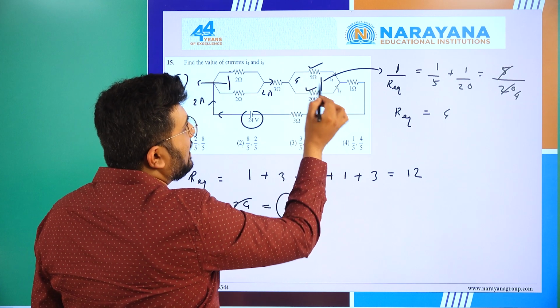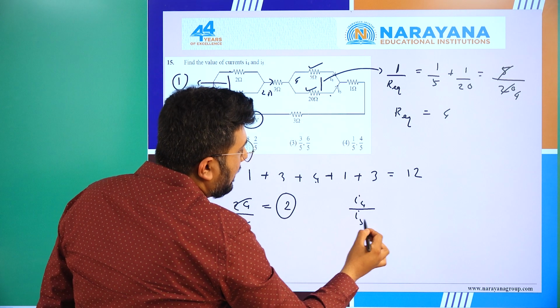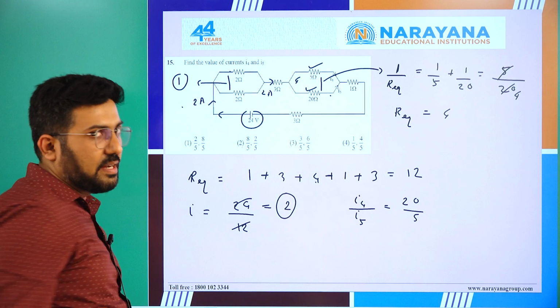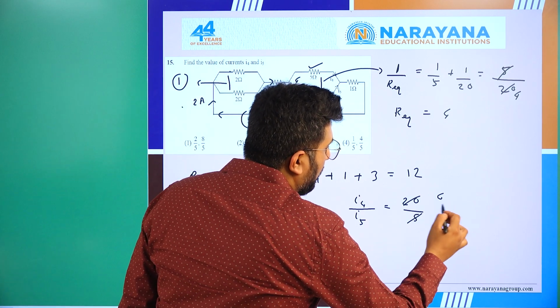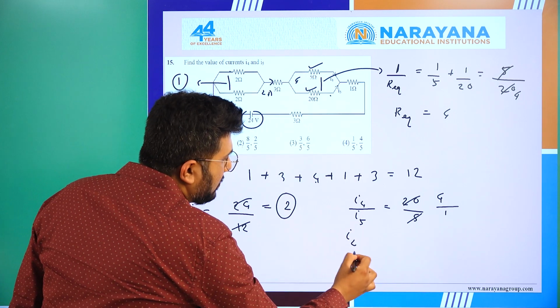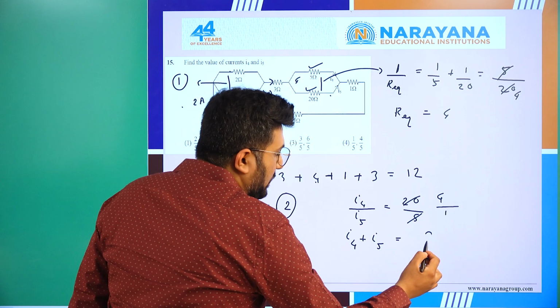Let's call this I4, let's call this I5. So I'll say I4 by I5 equals 20 by 5, because there is inverse ratio. So from here I'll get 4 by 1. And I4 plus I5 is how much? I4 plus I5 is equal to 2.